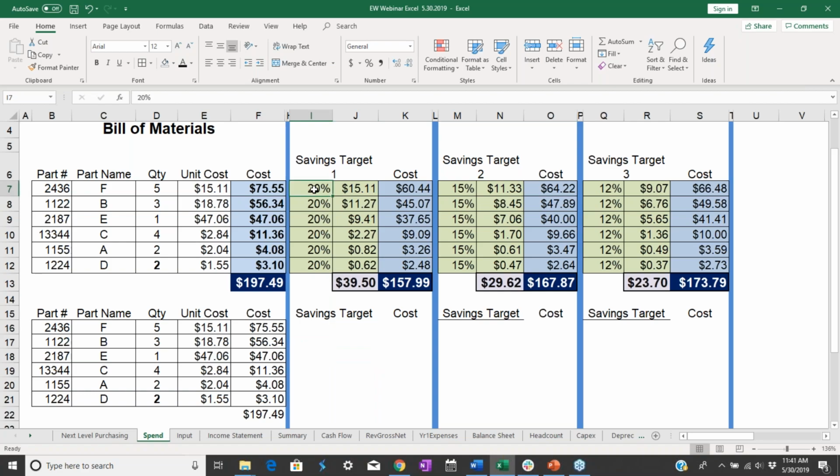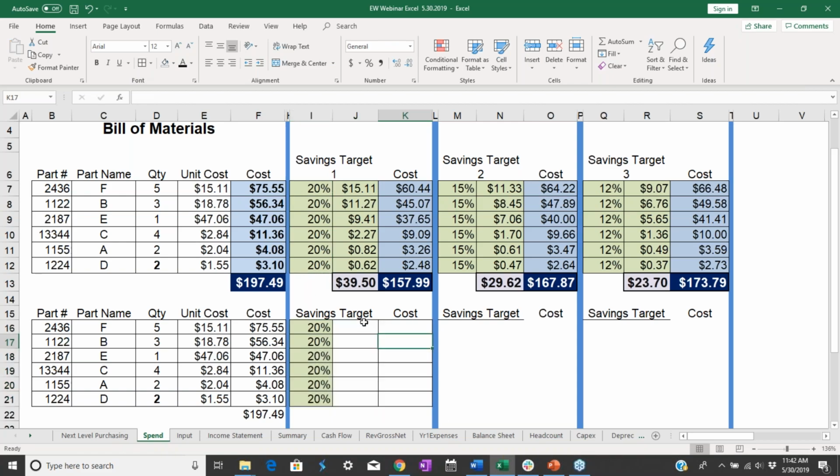We would copy and paste this column, and I'll also do the same. We have a formula here. Let me build these out quickly.